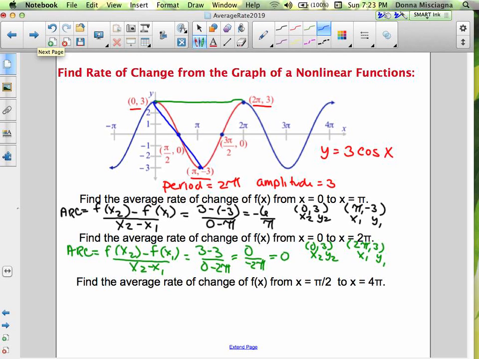All right, so now let's do the last one. All right, so find the average rate of change. That is the difference in the x value, the difference in the value of the function. I've done too much distance formula with geometry. So the difference in the value of the function divided by the difference in the x values. All right, so pi halves is right there, (pi halves, 0).